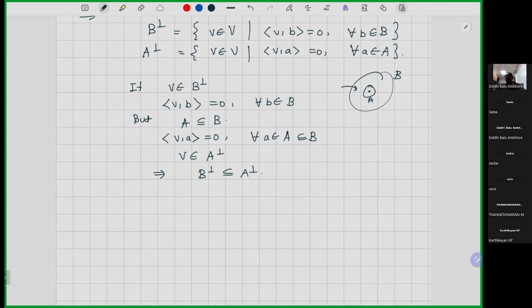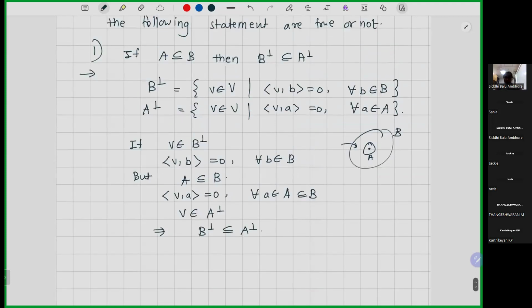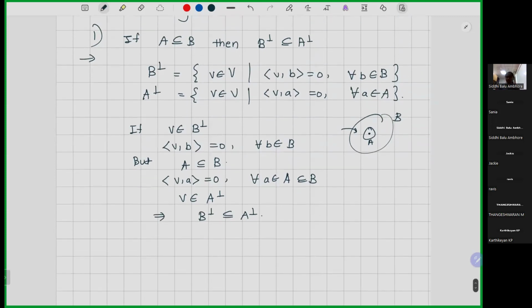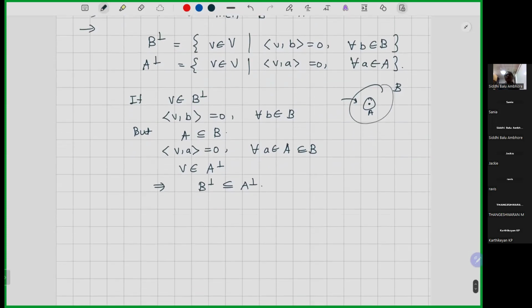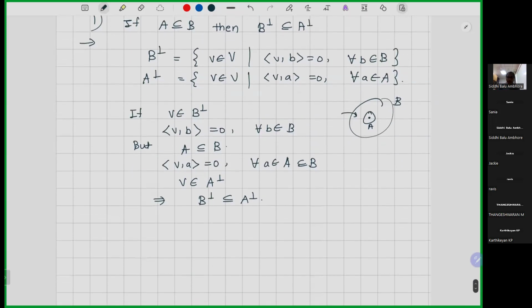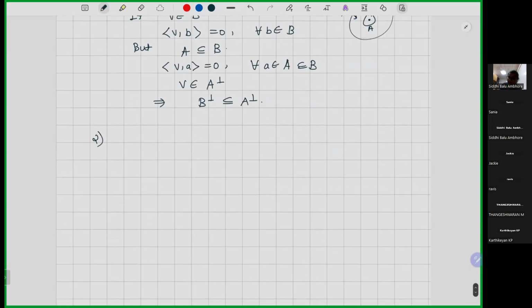Any doubts here? Clear. But the reverse inclusion is not true. Can you give me an example that if orthogonal complement of B is contained in orthogonal complement of A, then A is contained in B?